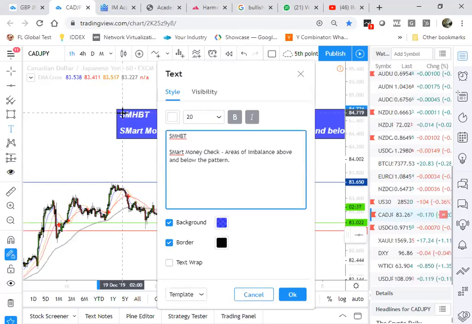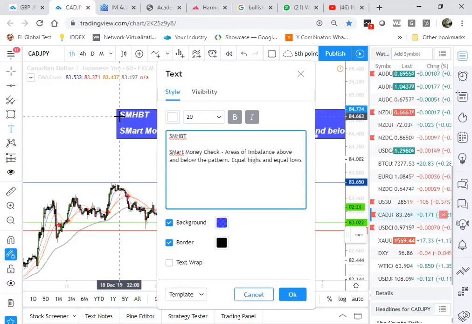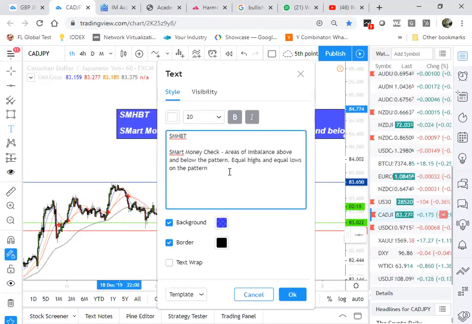Also, we check for equal highs and equal lows on the pattern. Meaning if part of the pattern has formed equal highs and equal lows.